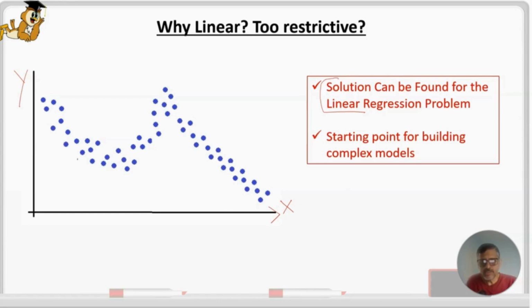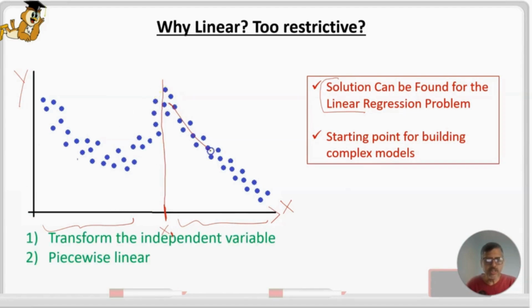If you looked at this a little closely, what you would realize is that if we broke this graph into two pieces, for values of x that are less than this x1, in this range and in this range, here clearly it seems that the relationship is linear, right?